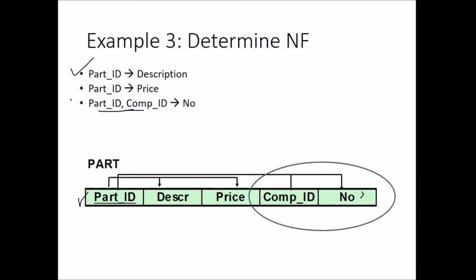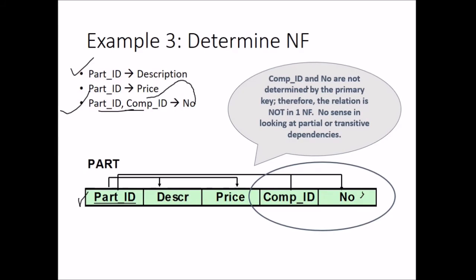I hope you understood this. Number is functionally dependent on the combined part ID and comp ID. So comp ID and number are not determined by the primary key.